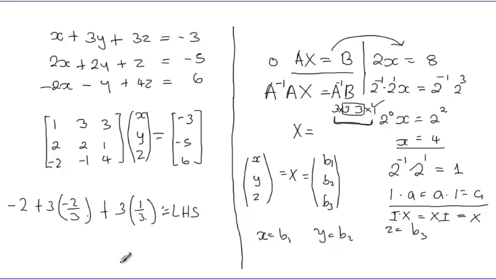Let's check our left hand side. What does it give us? 2 minus 2 plus 1, and this equals minus 4 plus that, which is minus 3. Actually, this is our right hand side. So the equation is solved correctly.